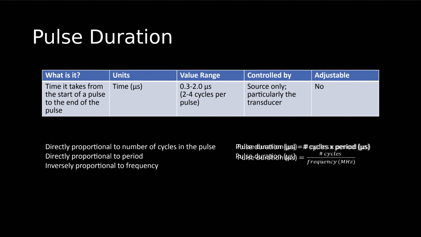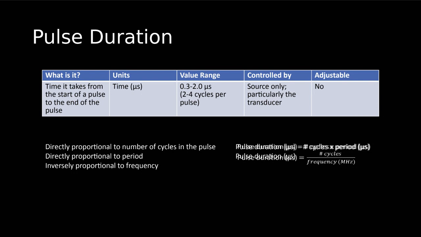This is going to be non-adjustable, so it's only going to be controlled by the ultrasound machine and partially by the transducer. When we learn about transducers, we're going to learn about all of the components and the crystals that make up the transducer. And depending on the composition of our transducer and the components in it, that's going to have a slight effect on this pulse duration. Again, we'll get to that when we get into our actual transducer lectures.